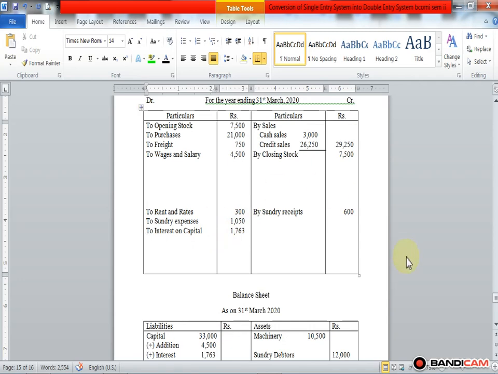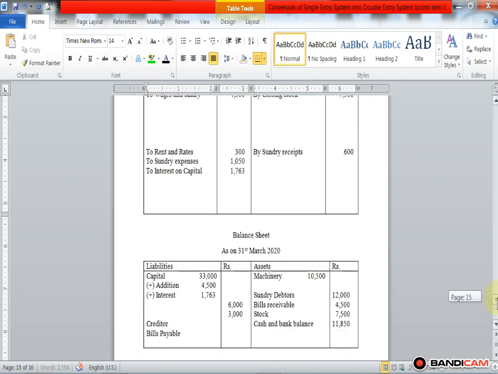Now we transfer the additional capital and interest.